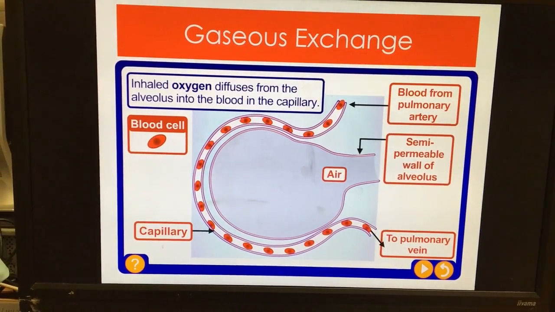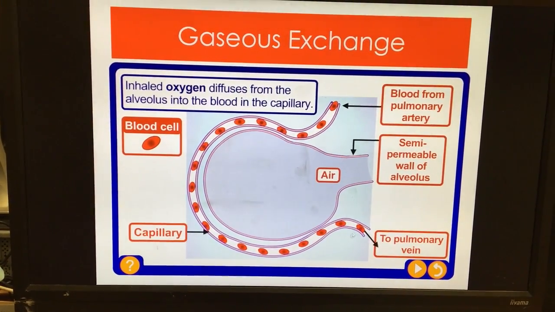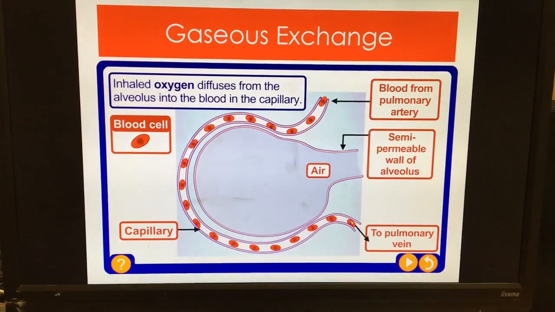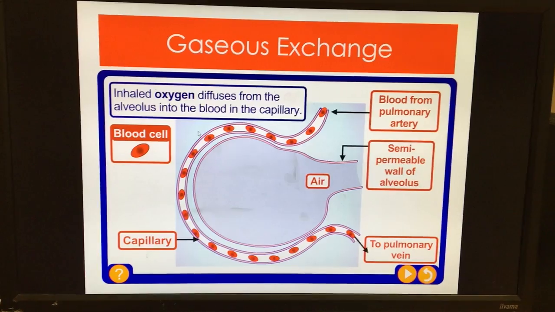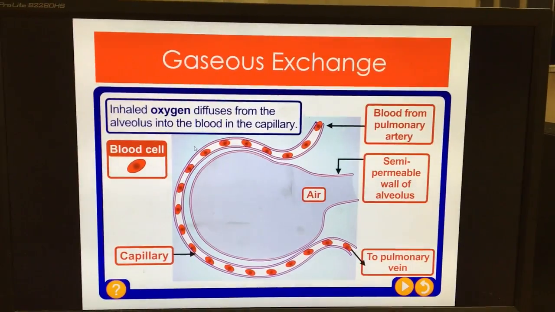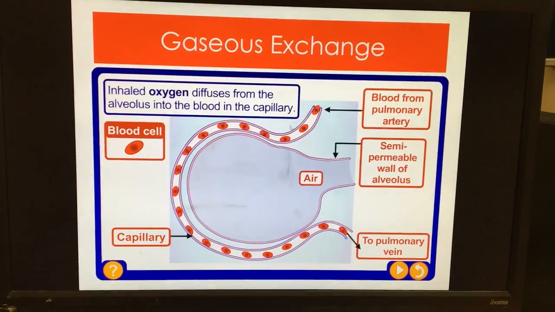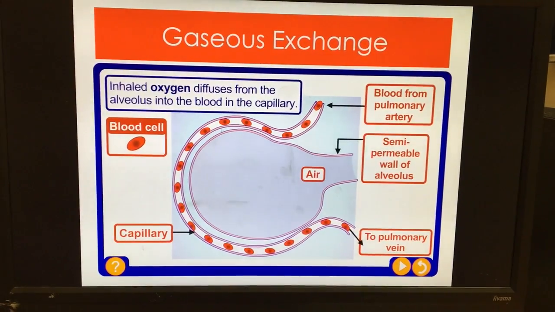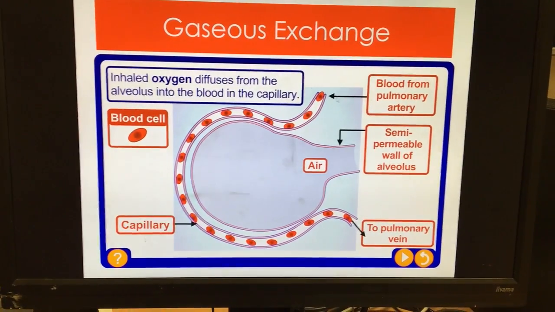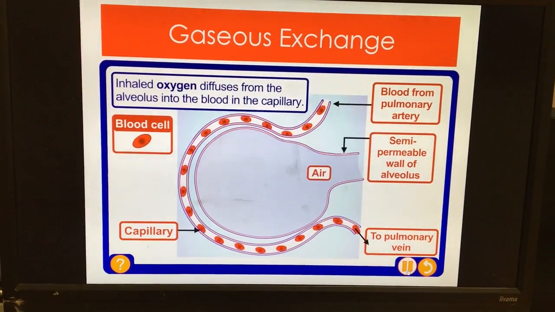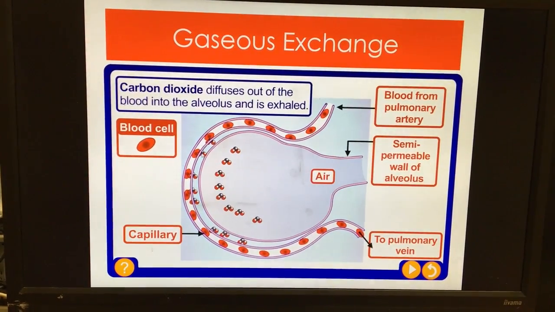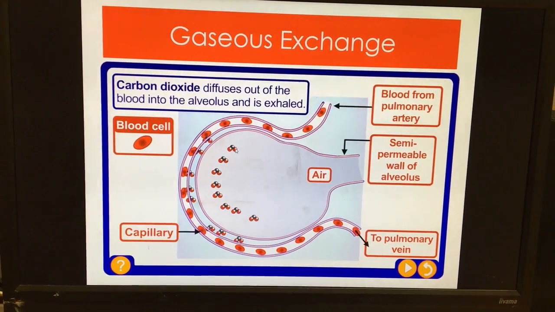Okay, once that oxygen is used up, it will turn to carbon dioxide. Carbon dioxide has to be exhaled out of the body. We have to get rid of it. It's a waste product. So what happens is once these capillaries have delivered the oxygen, they will then bring back the carbon dioxide. So if we play this now, we can see that carbon dioxide is coming back.